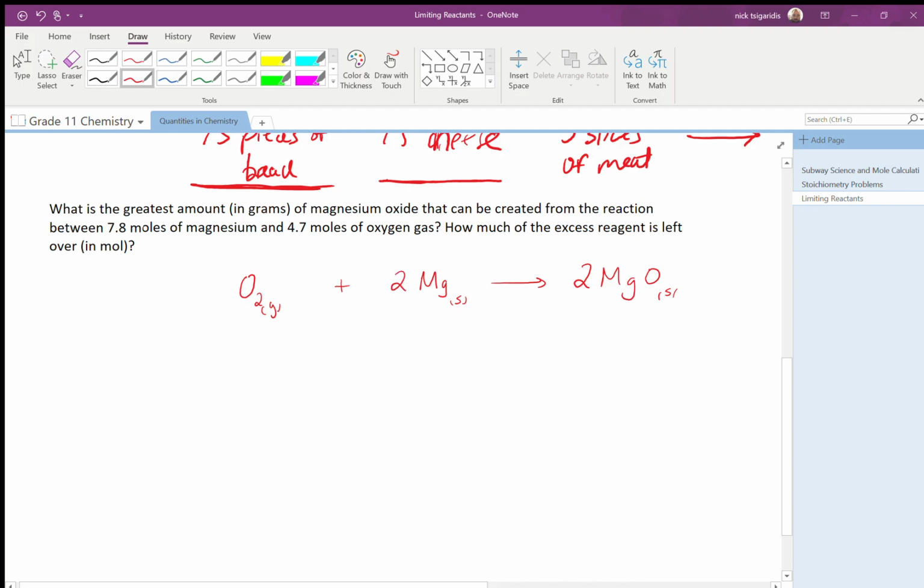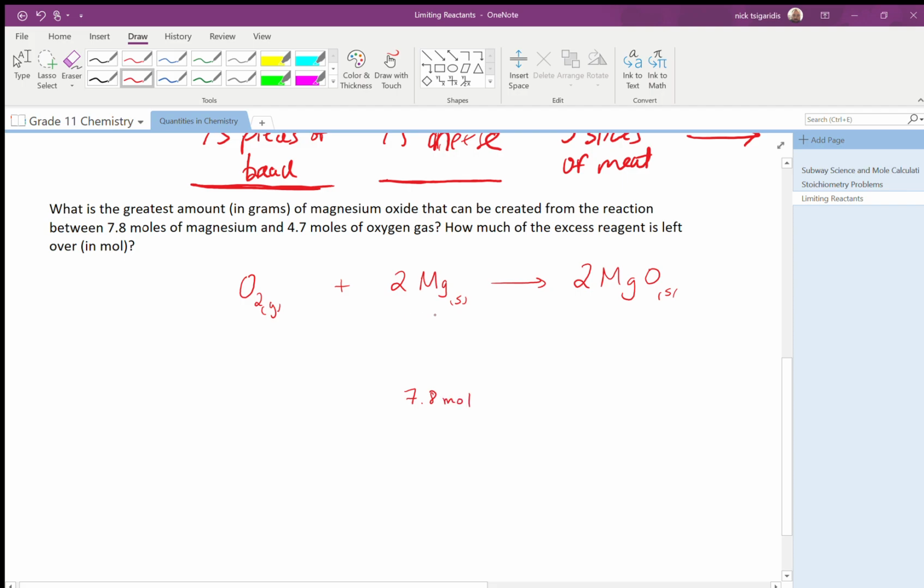Now, as I mentioned in the previous video, in stoichiometry problems I always like to write down information about my reactants or products, or whatever I have from within the question, underneath each of the chemicals. So I know from this reaction that I have 7.8 moles of magnesium.